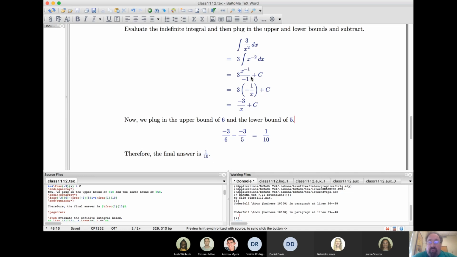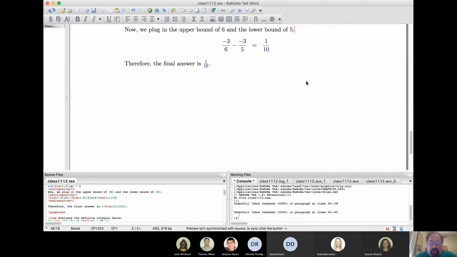So questions about this first definite integral? Okay, because I got plenty more.